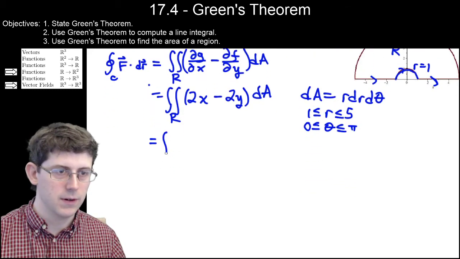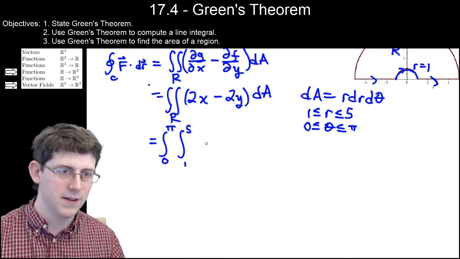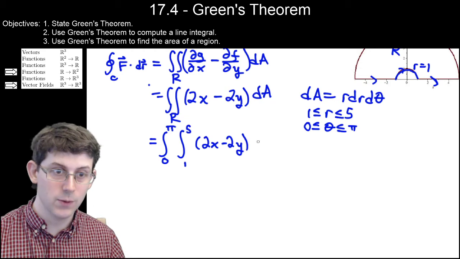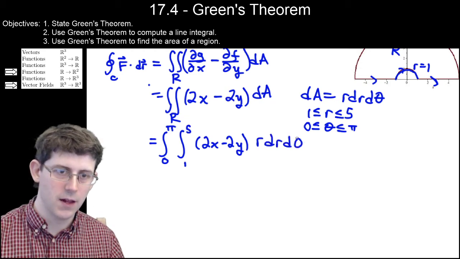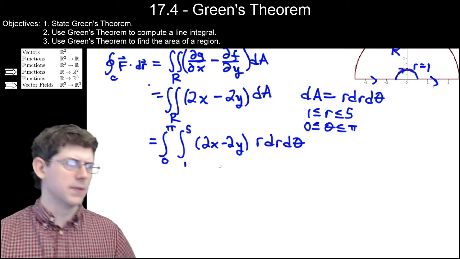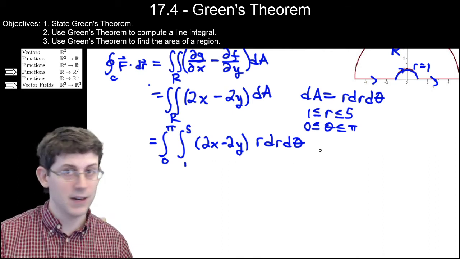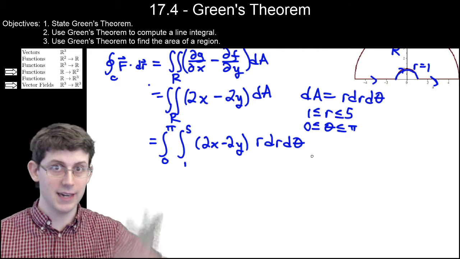So my theta bounds are 0 to pi, my r bounds are 1 to 5, and I'm integrating 2x minus 2y, but dA equals r dr d theta. Now, this is a common place for students to get stuck because you've got too many variables going on and you're trying to keep too much in your head at the same time.